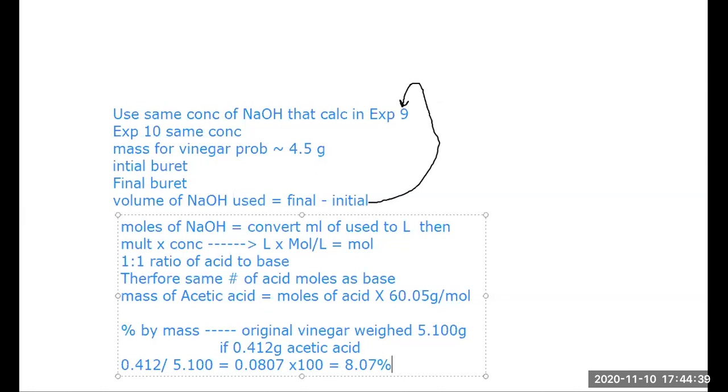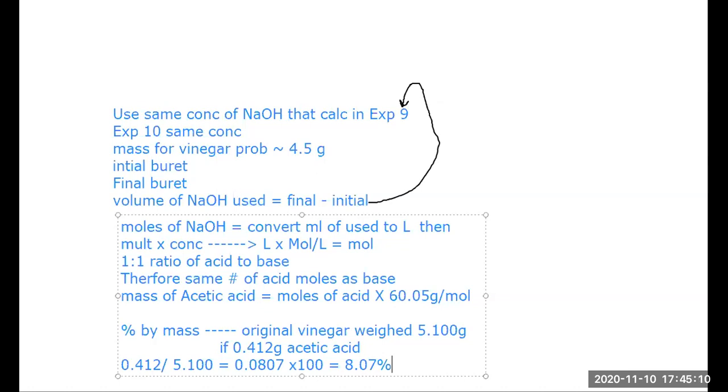Because in order to qualify as vinegar, you have to have a certain amount, so that it has a little bit of noticeable acetic acid in it. But on the other hand, more than 10% starts to become really, really sharp for taste and potentially dangerous if you get too high. So greater than 10% is unlikely.